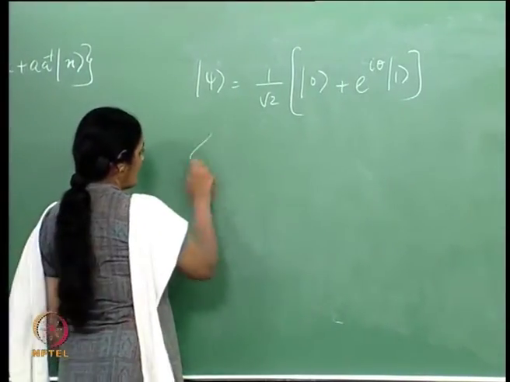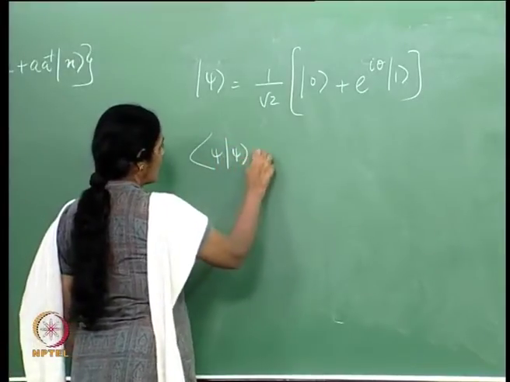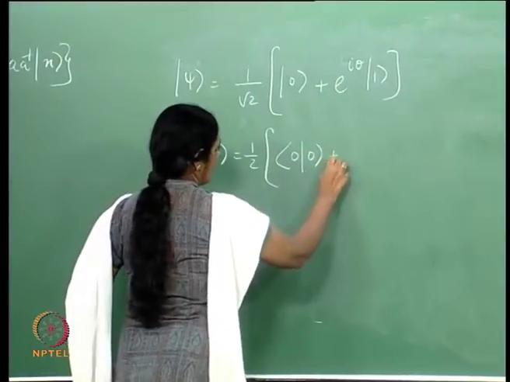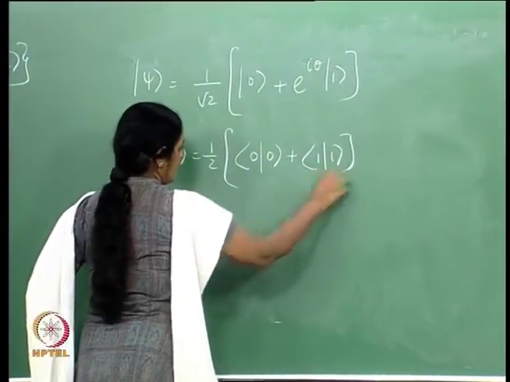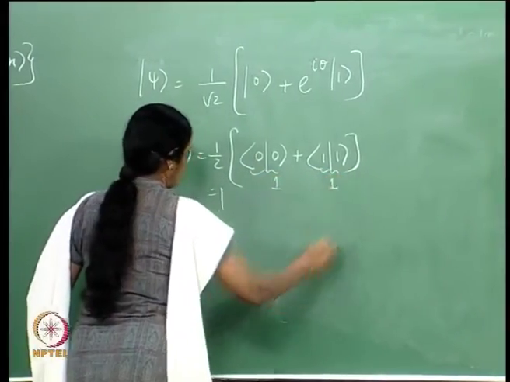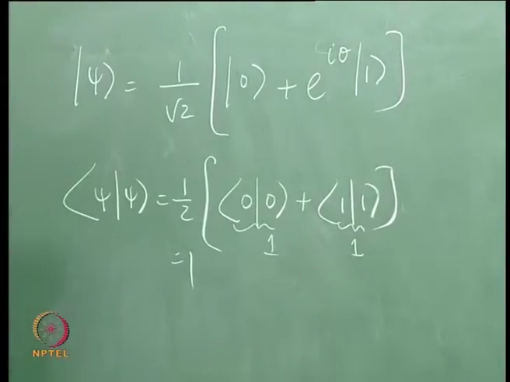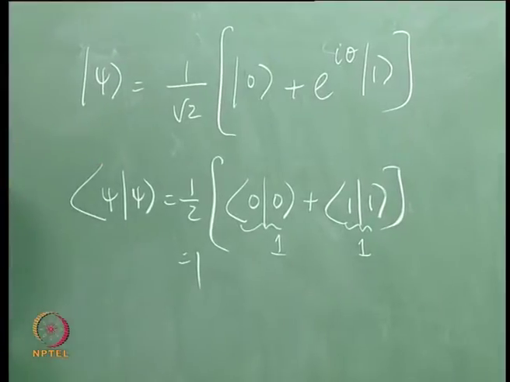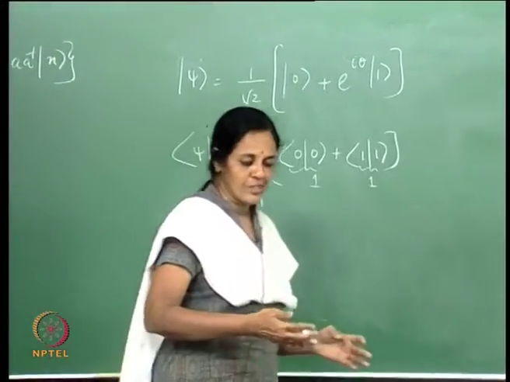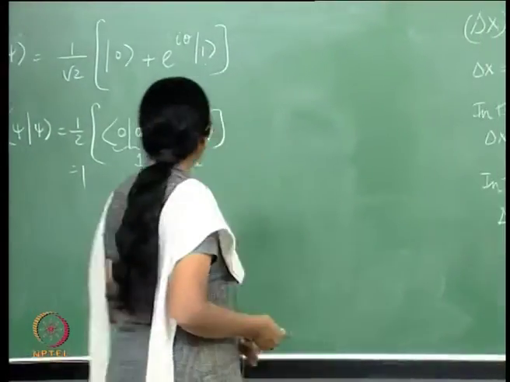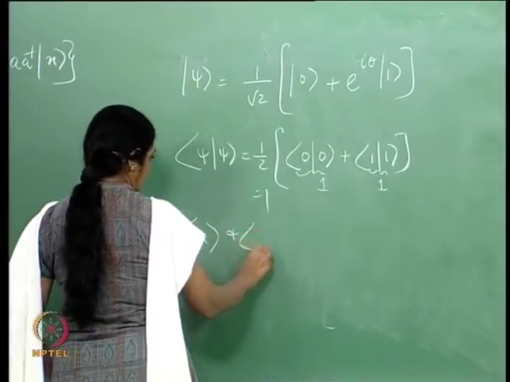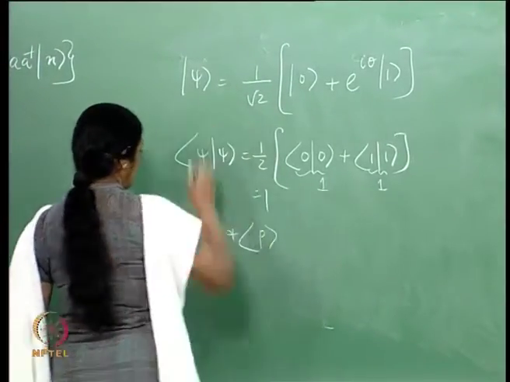It is normalized, I can check that out, it is normalized to unity because this object is 1 and so is this, and therefore, I take this normalized state ket psi, it is a qubit, it is a superposition of ket 0 and ket 1, and I wish to find expectation x and expectation p in the state psi.